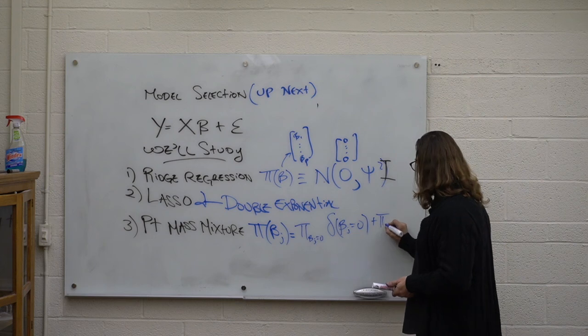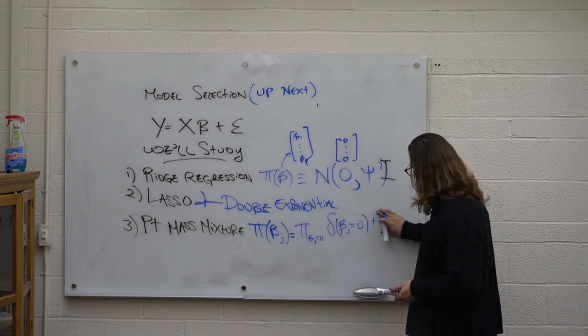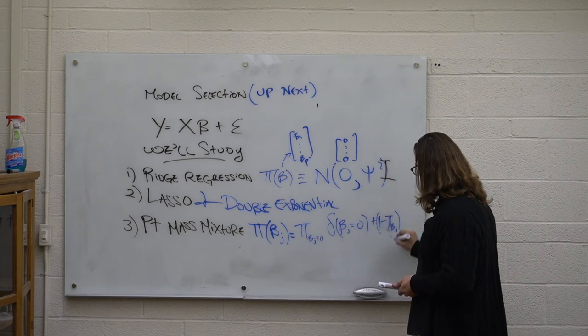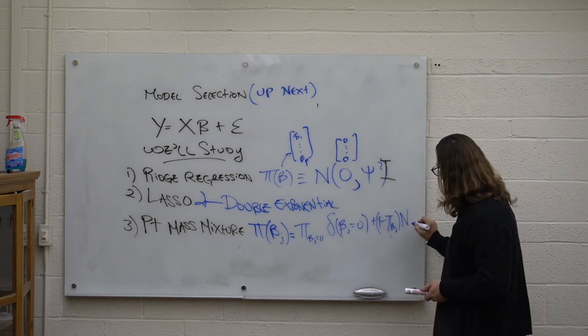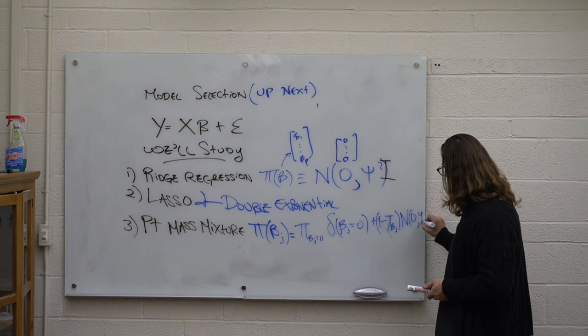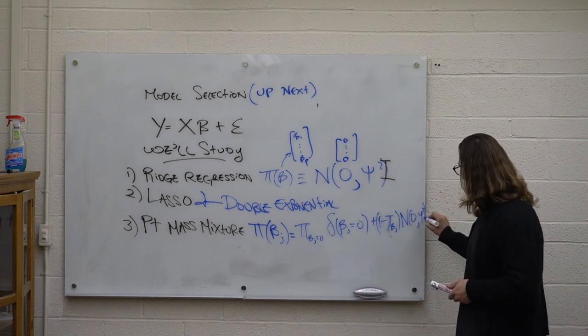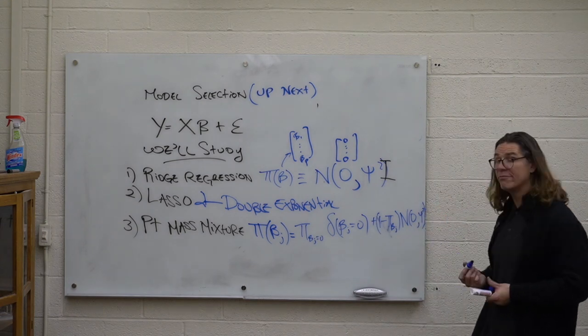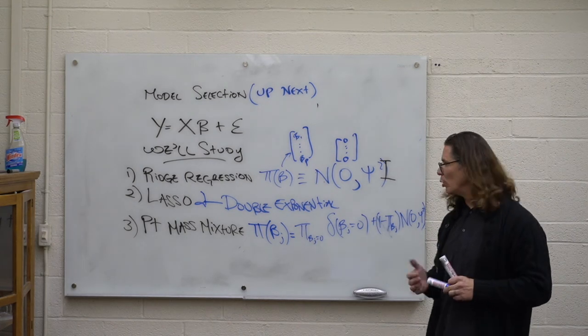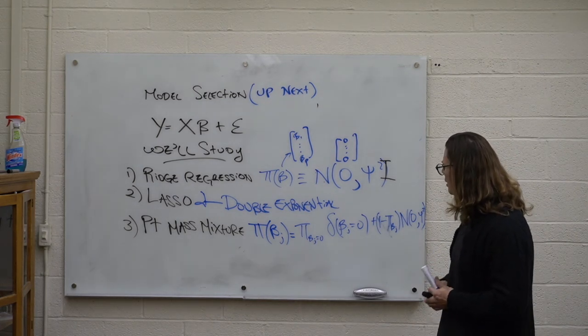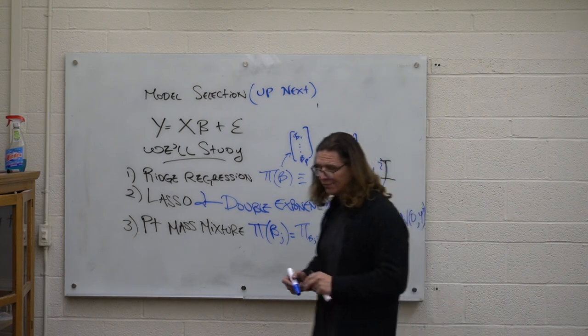And then I'm going to have an alternative variance. So this is going to be 1 minus pi for beta j. And you might do something like this, where I'm going to center this at 0, and then I'm going to have some variance that's going to calibrate how far from 0 I need to be before I'm willing to reject it. I'm going to show you what's called the SSVS scheme.